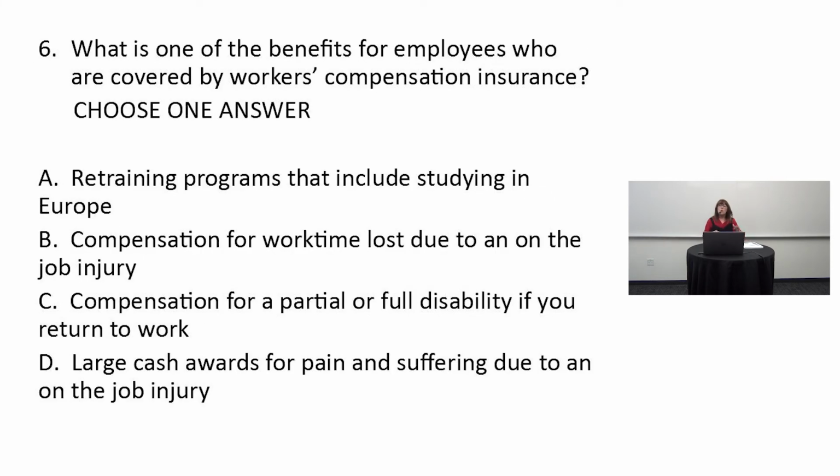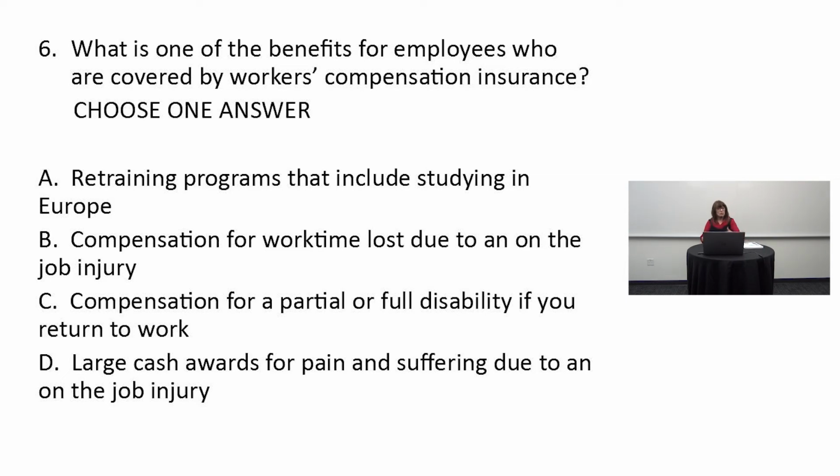Number 6. What is one of the benefits for employees who are covered by workers' compensation insurance? Choose one answer. A, retraining programs that include studying in Europe. B, compensation for work time lost due to an on-the-job injury. C, compensation for a partial or full disability if you return to work.